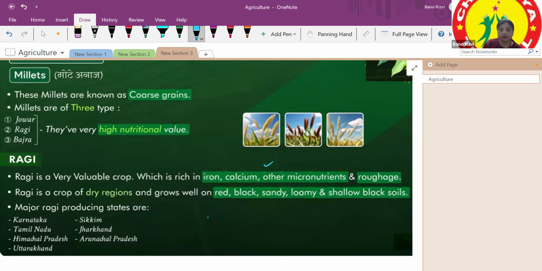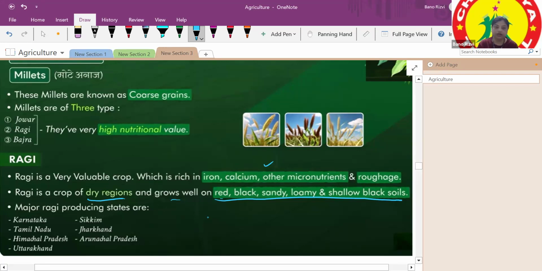Okay, ragi is a crop of dry regions and grows well on red, black, sandy, loamy, and shallow black soil. Just try and remember these. Okay, and the major ragi producing states are Karnataka, Tamil Nadu, Himachal Pradesh, Uttarakhand, Sikkim, Jharkhand, Arunachal Pradesh.